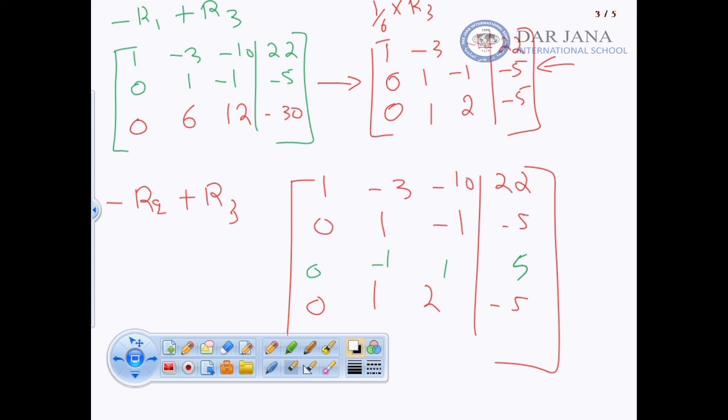Add them together. 0 plus 0 is 0. Negative 1 plus 1 is 0. 1 plus 2 is 3. And negative 5 plus 5 is 0.